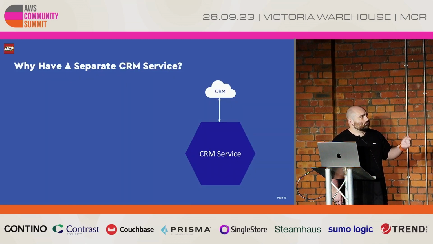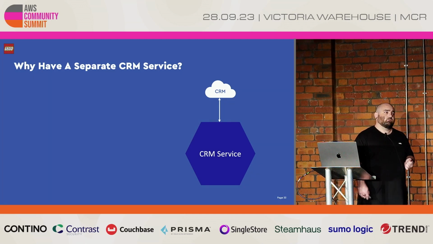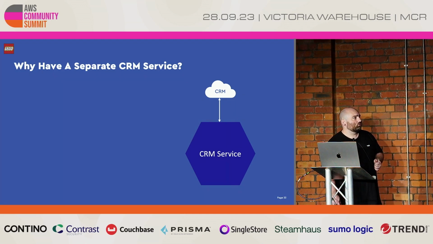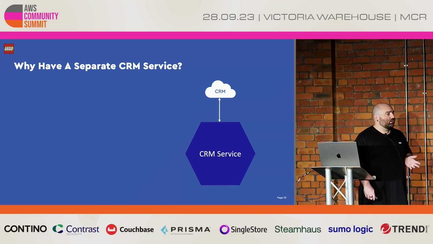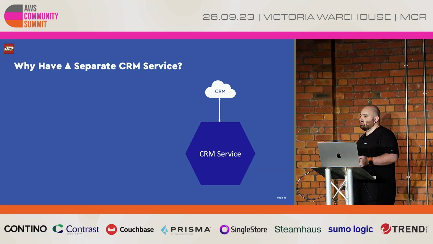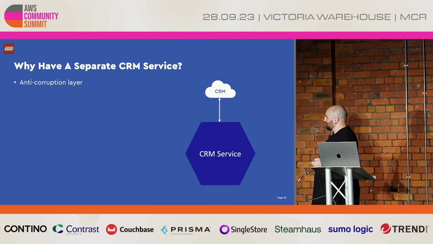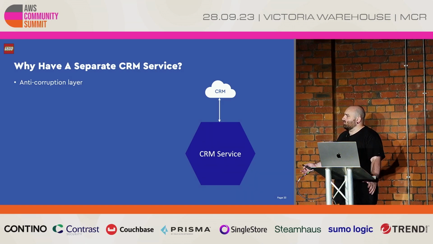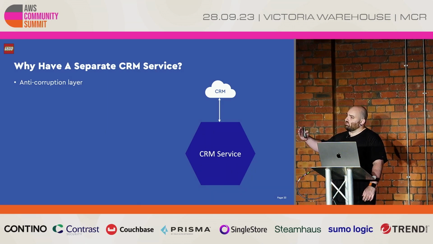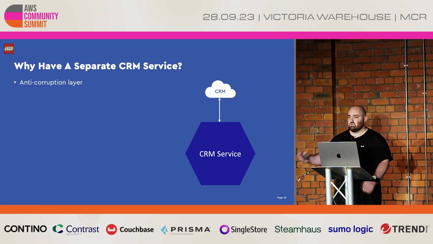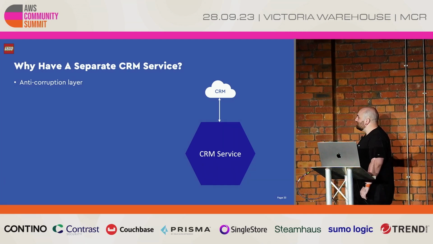And I've said the three letters CRM quite a lot so far during this talk, and you might be wondering, why bother having that separate service for the CRM? Just chuck it where it's needed, and that's fine, surely. You can get away with that. But this CRM service acts as what's called an anti-corruption layer, so it keeps it away from the orders service or the members service, because they don't really need to know that the CRM exists.